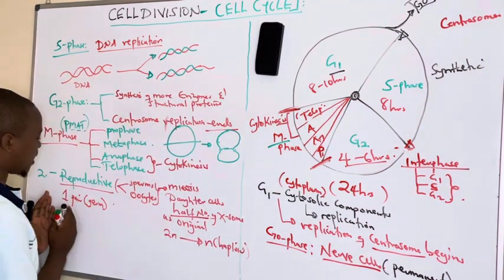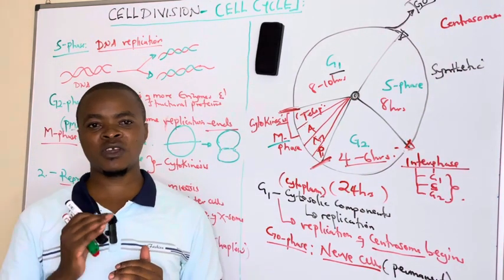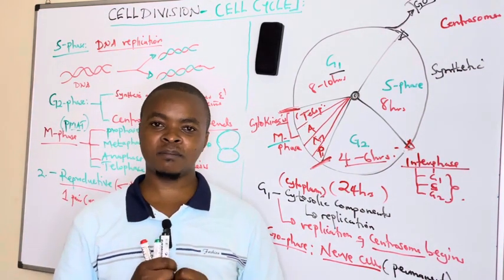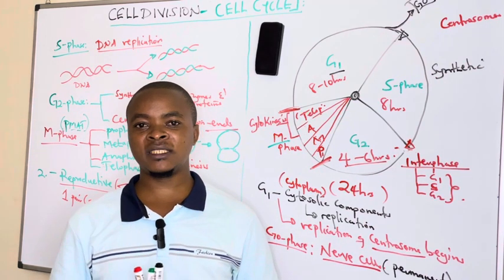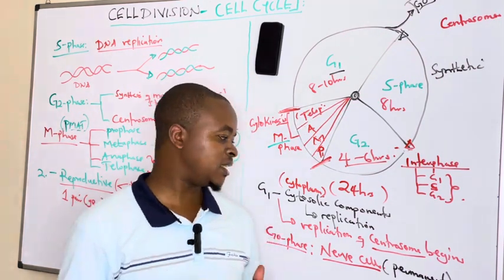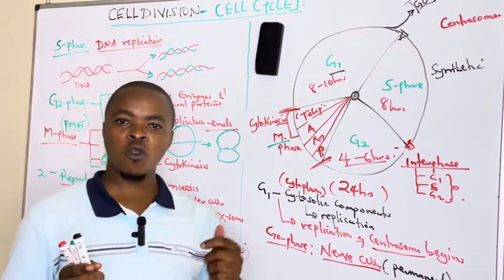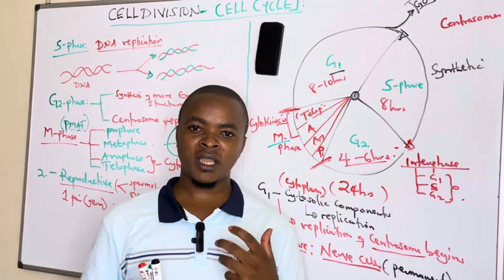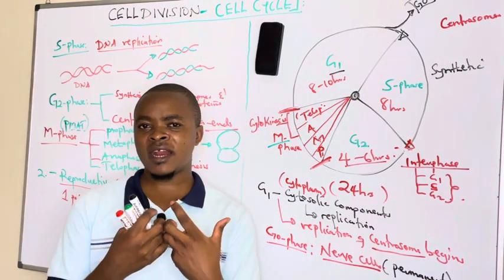And under reproductive, we have seen this one occurring in the germ cells, that is sperms in male and oocytes in females. These cells undergo meiosis to produce daughter cells with half the number of chromosomes of the parent. Why do they undergo meiosis?